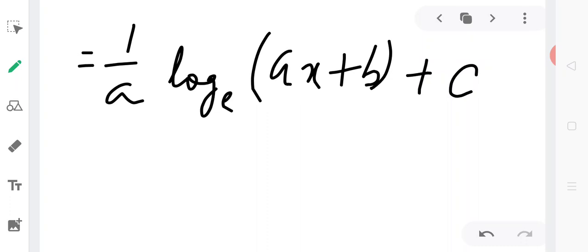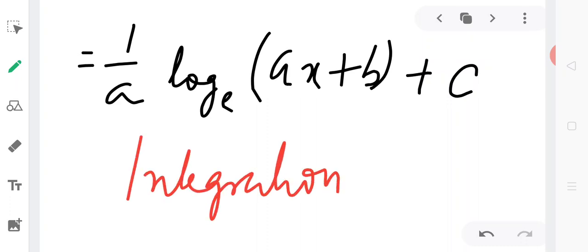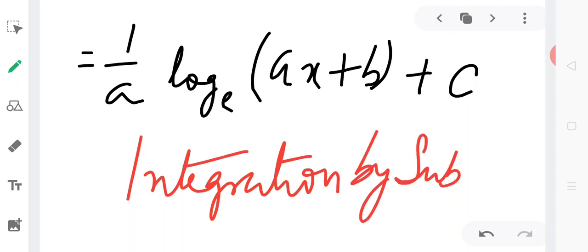This is the method that has been followed to solve this particular case: integration by substitution. This is an example of integration by substitution.